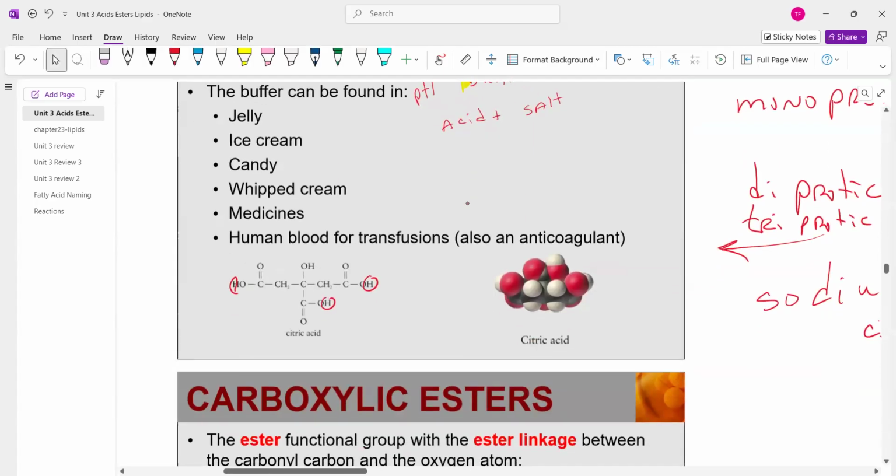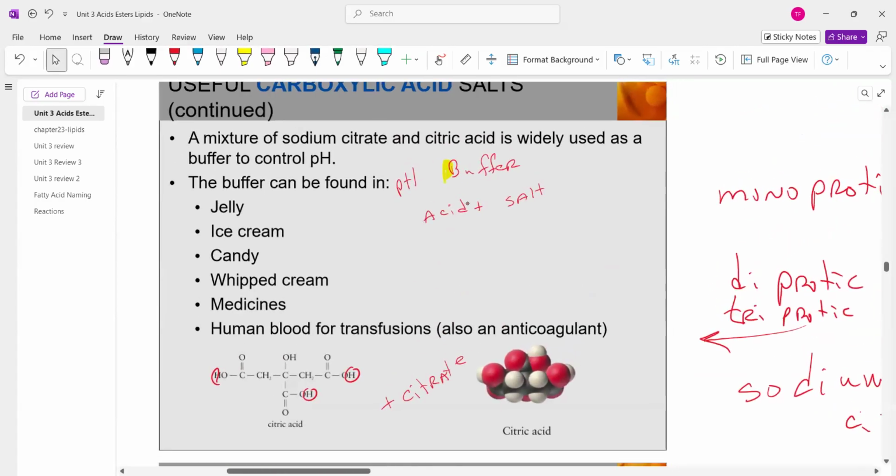Citric acid, excuse me, is a triprotic acid, meaning there are 3 hydrogens that can come off. You would mix that with citrate. Based on how strong the weak acid is, it determines the buffering capacity.